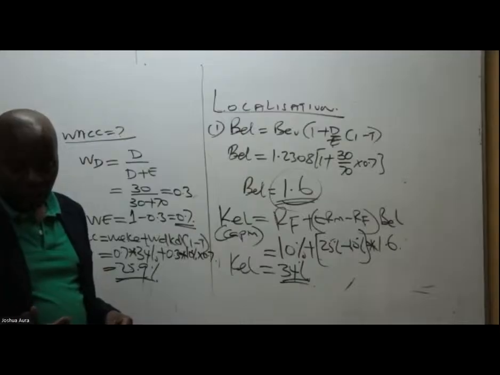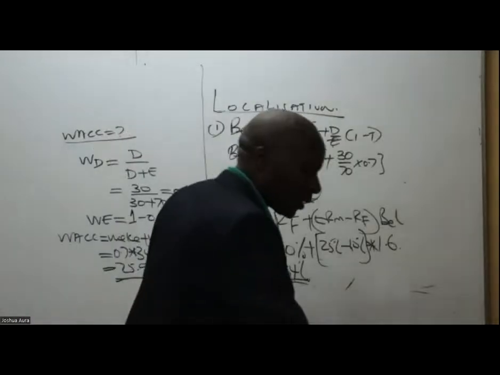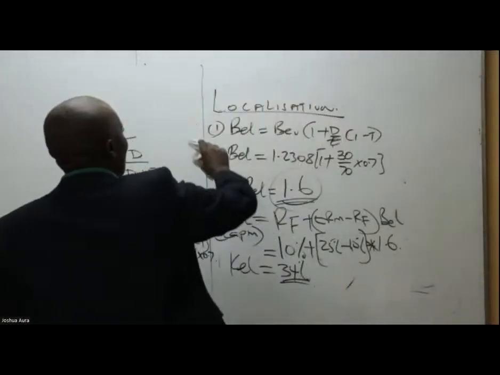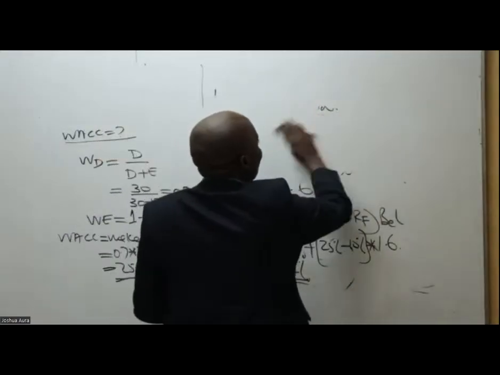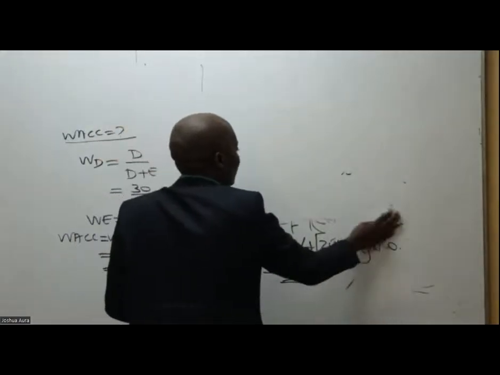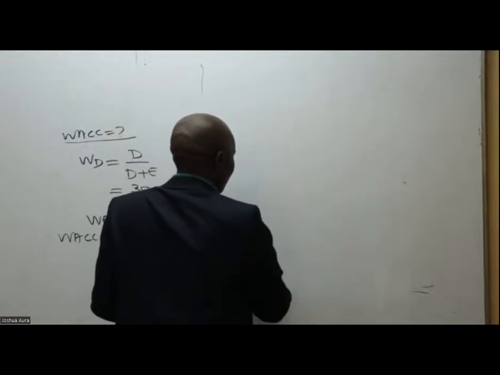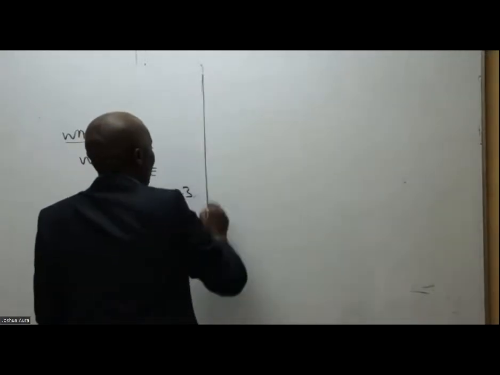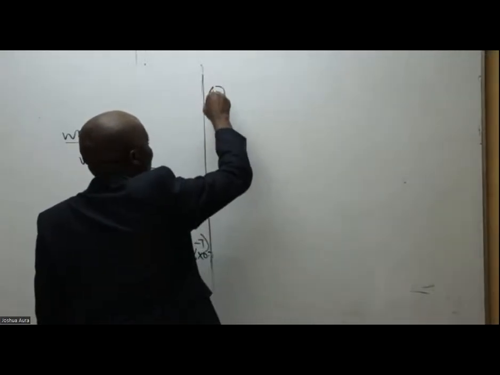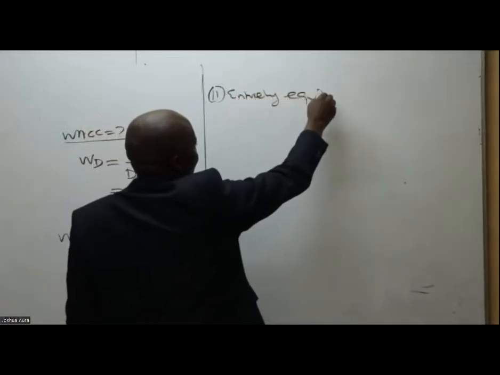The second bit is very easy. It is entirely equity, the one of WACC unlevered. There is no working really here.